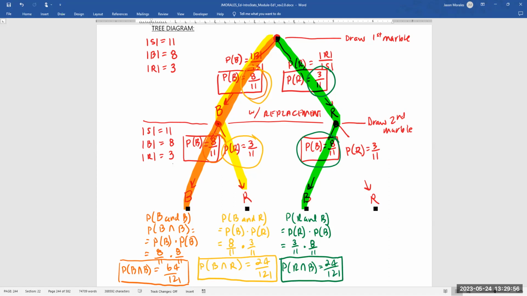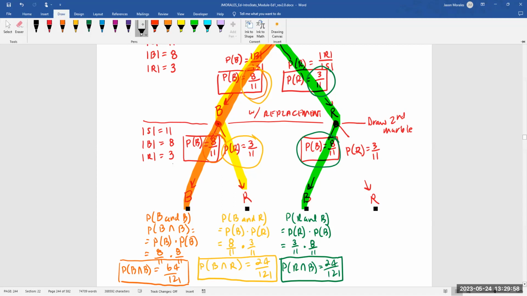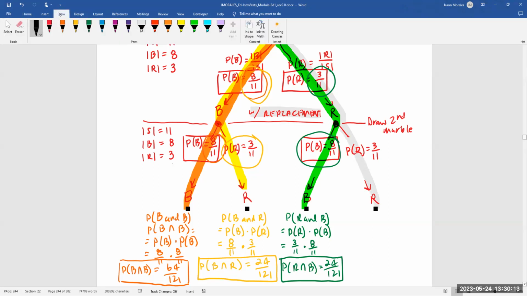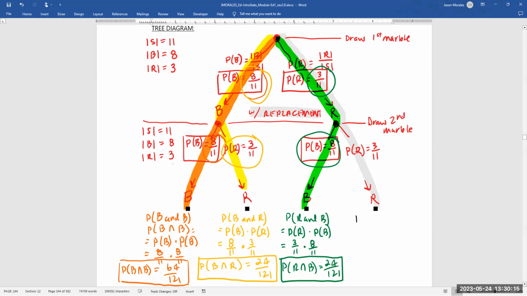Okay, and then finally, what if we chose a red marble first, put the marble back, and then chose a red marble a second time? And we're going to have the probability of red and red, which is the probability of red in the first times the probability of red second.